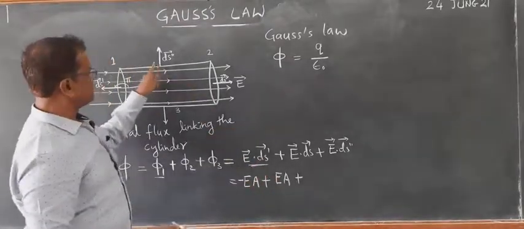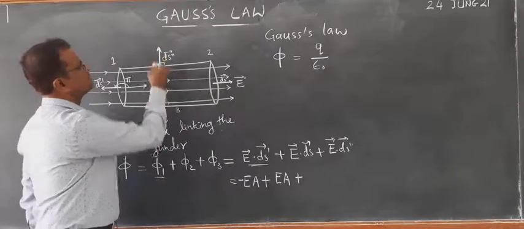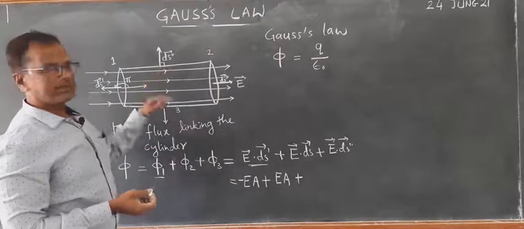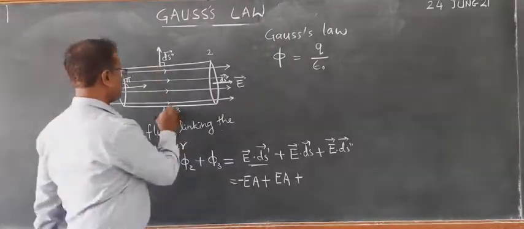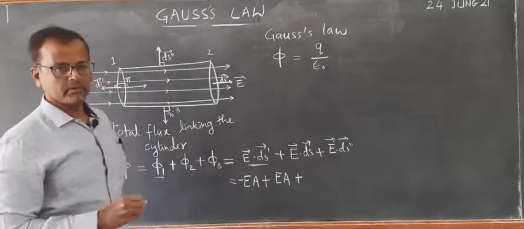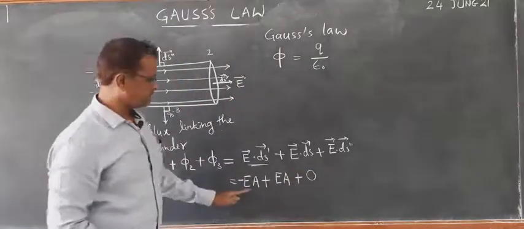Similarly, this one, if you look at it, the electric field and the cylindrical surface area vector are perpendicular to each other. So, the angle between them is 90 degrees. So, cos pi by 2, cos 90 is 0, therefore it becomes 0.